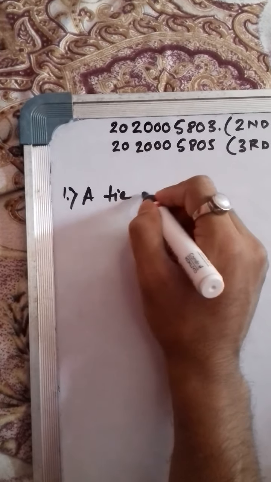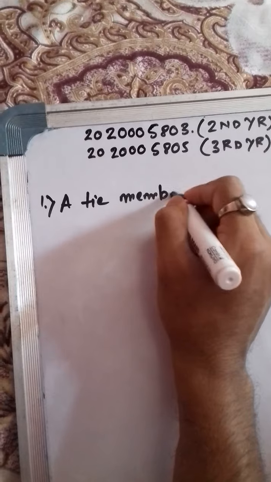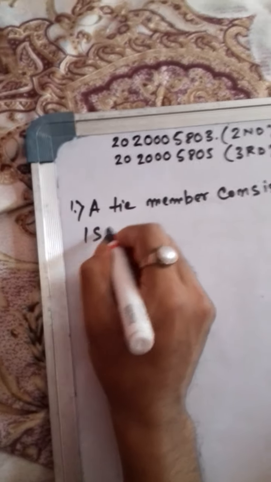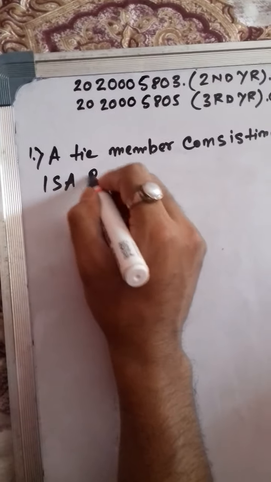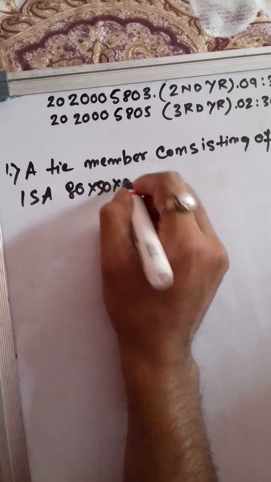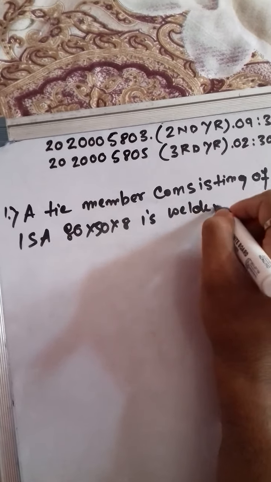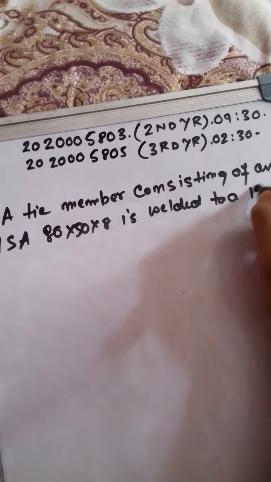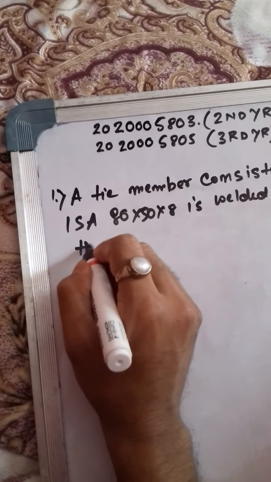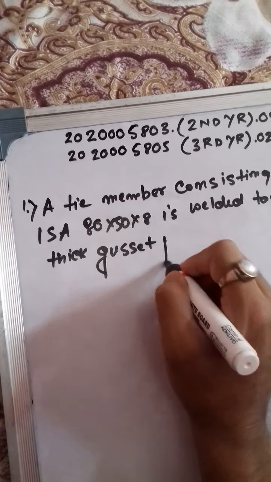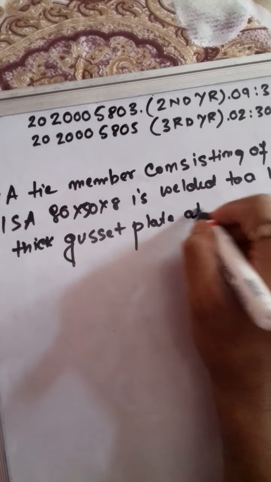A tie member consisting of an ISA, that is Indian Standard Angle, 80 into 50 into 8, is welded to a 12 mm thick gusset plate at site.